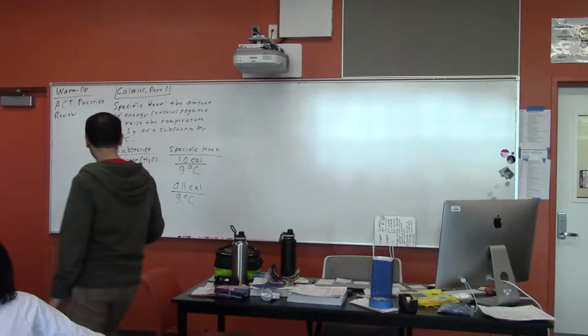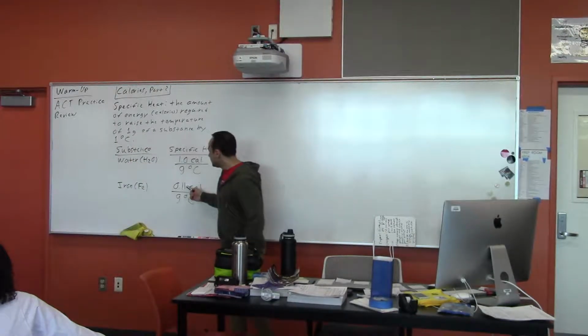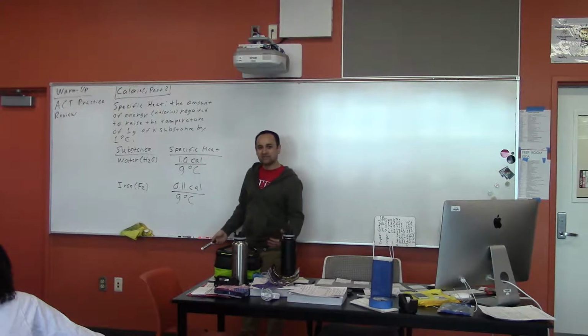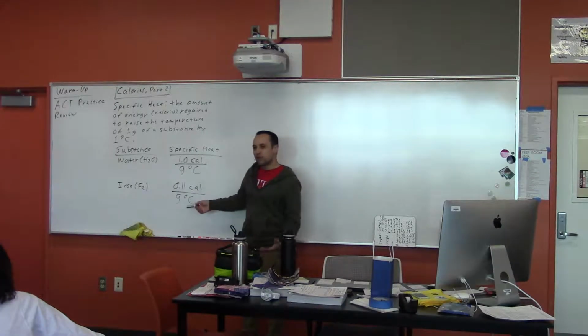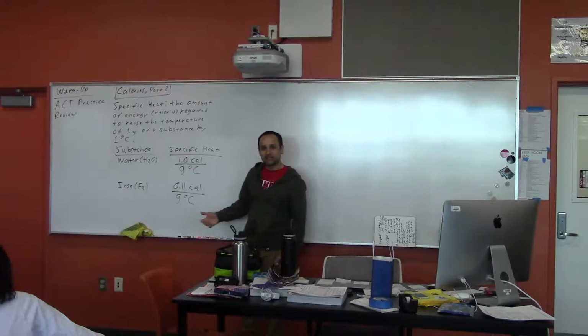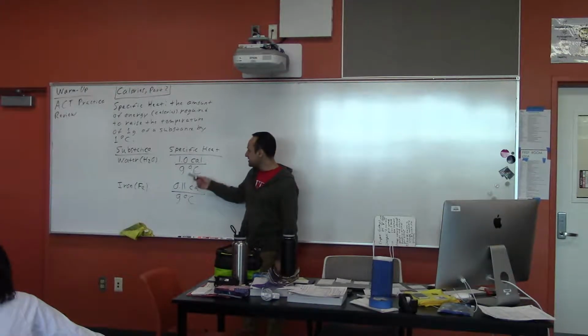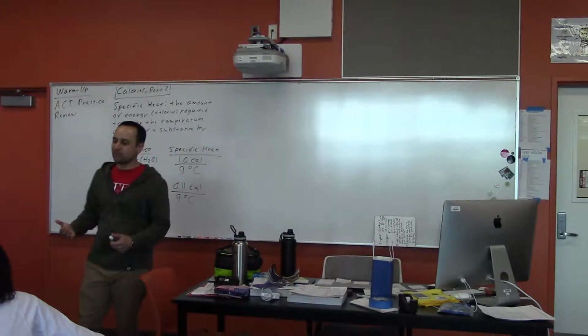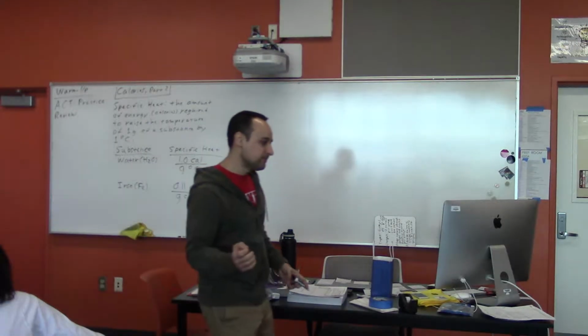So, metal doesn't take a lot of energy to get hot, okay? It takes about 1/9 of the amount of energy to raise the same mass of water by the same temperature. Another way of thinking of it is, metal gets hot on a per mass basis 9 times as fast as water. Metal gets hot fast, okay? That's a property of metal. It has a low specific heat.